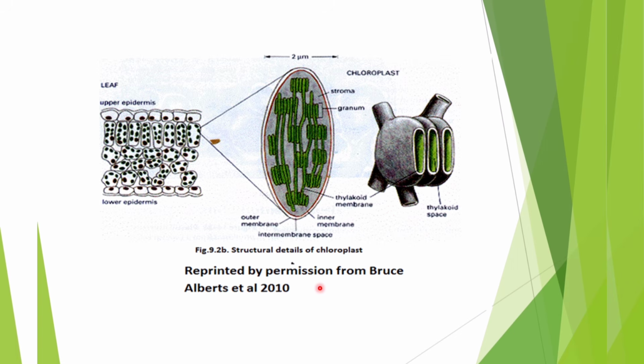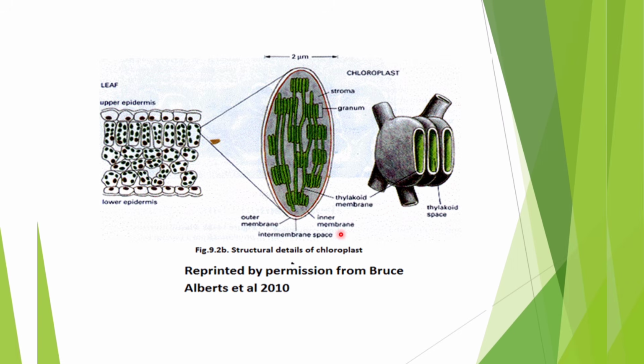And you will see here similarly the anatomy of the leaf, and these are the mesophyll cells, and it has shown one structure of the chloroplast, and these are the interlamellar system, the lamellar system which is well within the chloroplast, and this is the stroma, these are the granum, and then there are thylakoid membranes, and there is an outer membrane and inner membrane, and then between them is a space also.